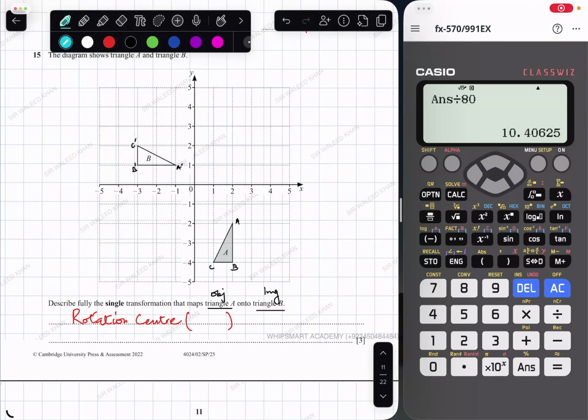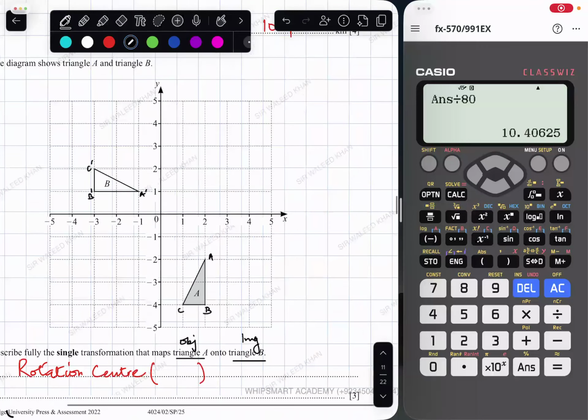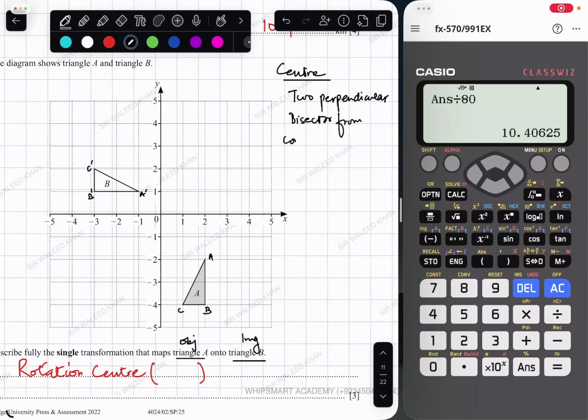So for center of rotation, as we have earlier discussed as well, you draw two perpendicular bisectors from corresponding points. Where they intersect, that is the center.